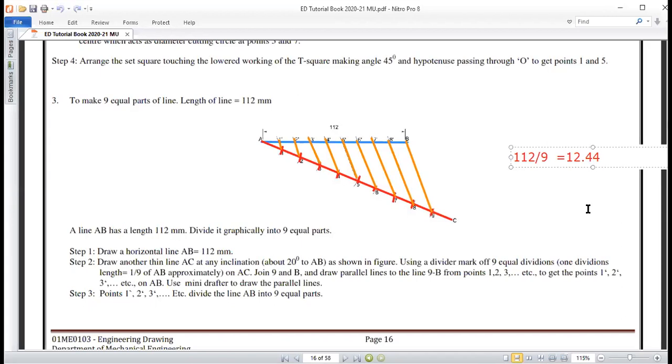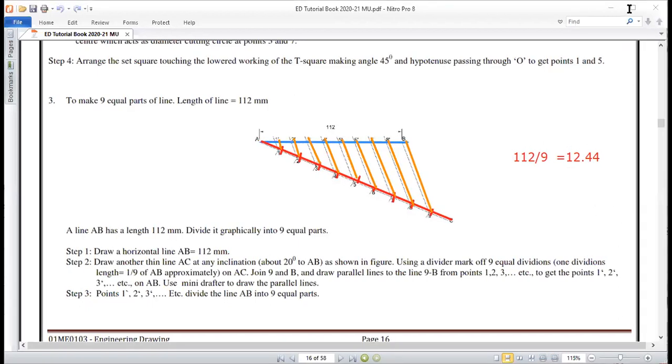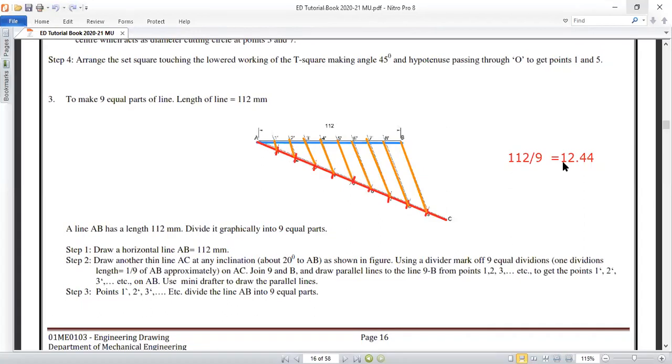So if you measure the length from point A to 1 dash, 1 dash to 2 dash, you will get approximately 12.44 mm for each part of this line. So this is how you can make 9 equal parts of a line, right?